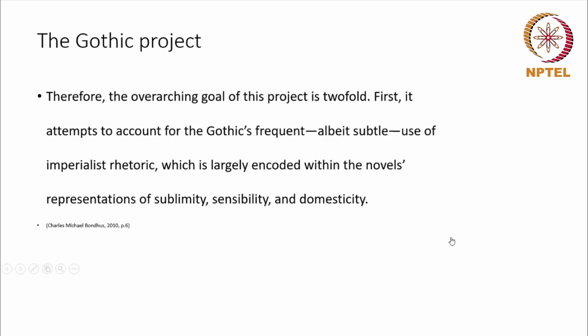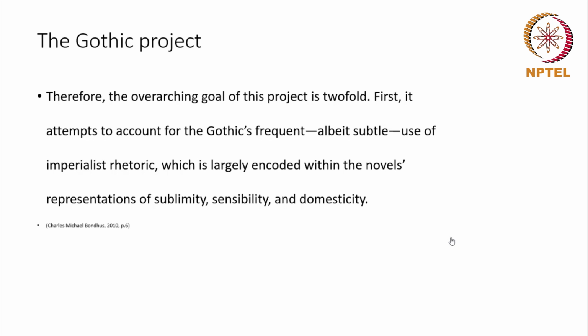We can say the Gothic is involved in a particular project, a project which has twofold intentions. The first intention is its attempt to account for the Gothic's frequent, albeit subtle, use of imperialistic rhetoric, which is largely encoded within the novel's representations of supplementary sensibility and domesticity.